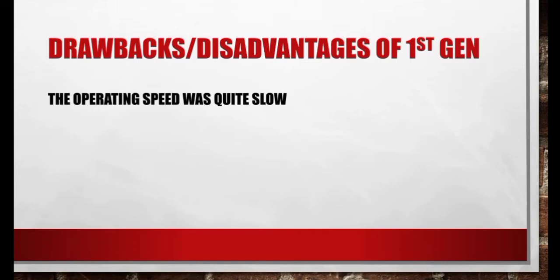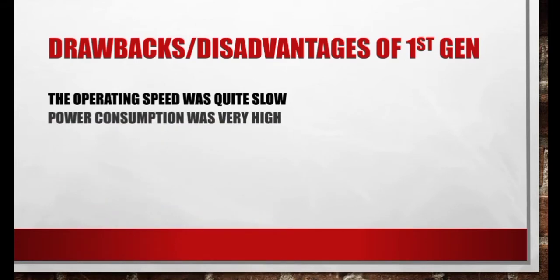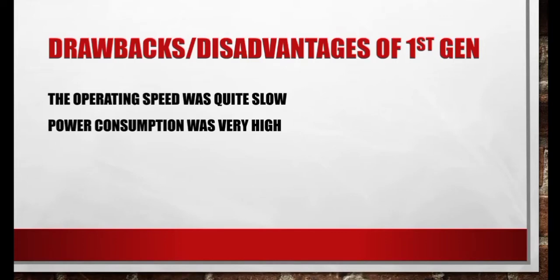If asked to give some disadvantages of the first generation, you can state that the operating speed was quite slow. Power consumption was very high, so they consumed a lot of power. Using computers in those days was quite difficult.